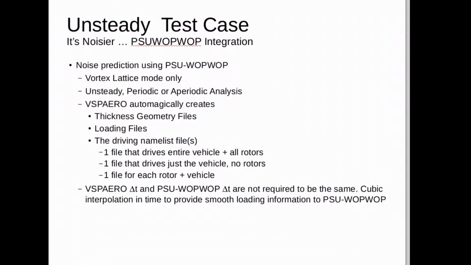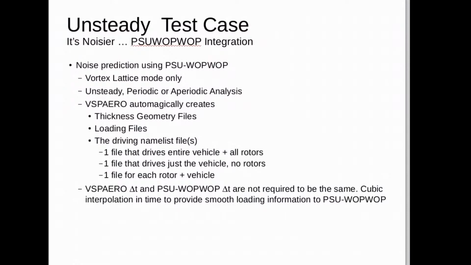And then finally, you can run VSPAERO at whatever optimum time step is appropriate for getting the aerodynamic unsteady analysis correct. You run VSPAERO, it generates that unsteady analysis, and all that's saved out to a file. And then there's a post-processing step with VSPAERO that creates the PSU WAP input files.